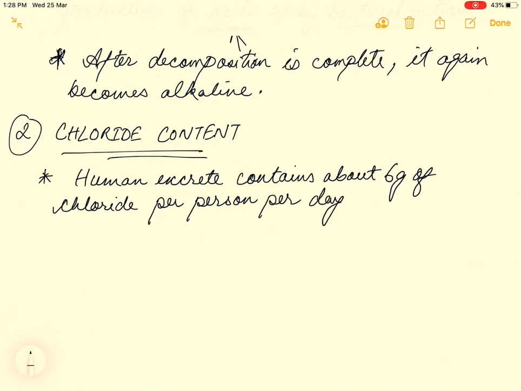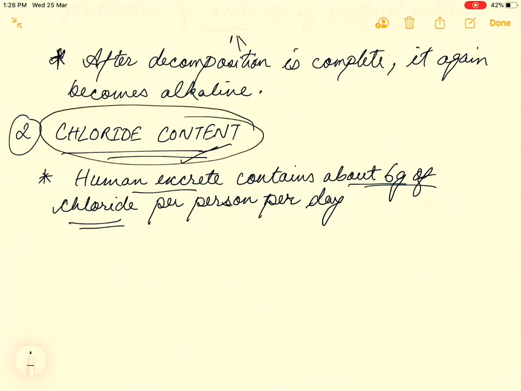So one person excretes 6 grams of chloride. The source of wastewater is obviously our toilets, so think how much chloride will be present in the wastewater. That is why this is one of the most important characteristics.